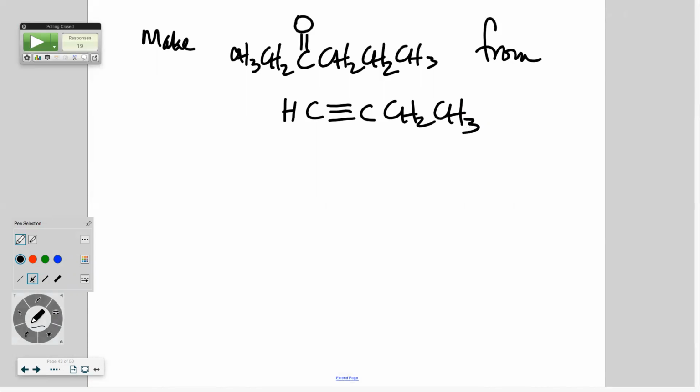Let's make it skinnier. Okay, so the first thing is when it says to make that compound from that compound, where are you starting? Which compound are you going to start with? The bottom one. Don't take that one and try to make that one. Okay, because I see it all the time. I just like pull my hair out.